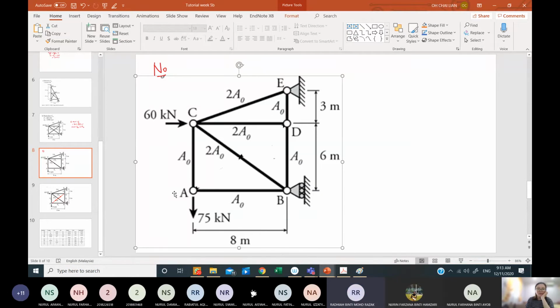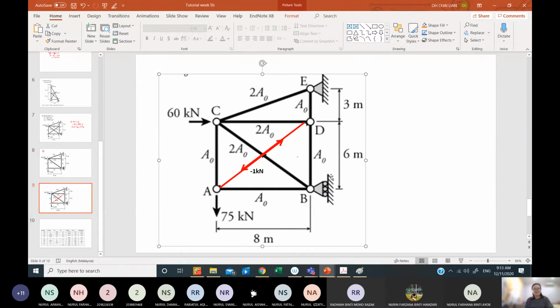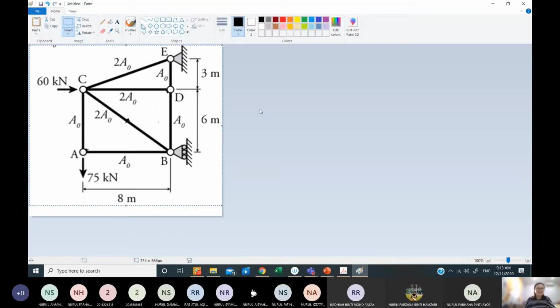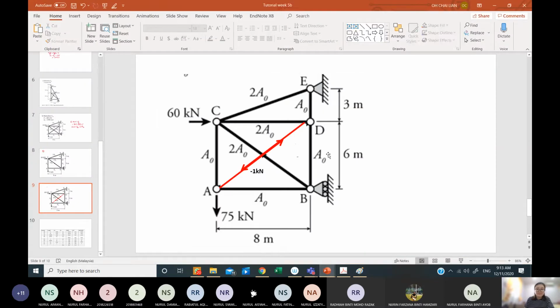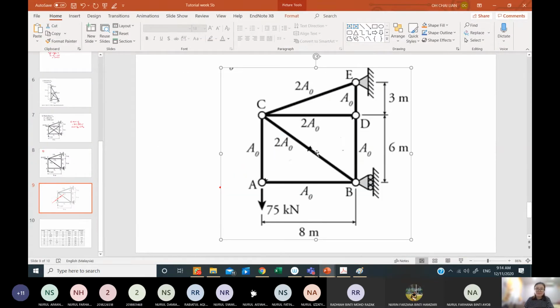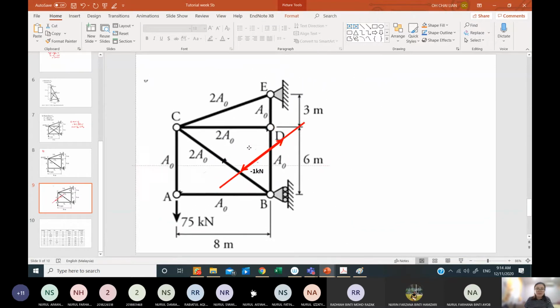But I have something wrong with my N1. I need to fix it. I should delete this. Okay, this is my N1.